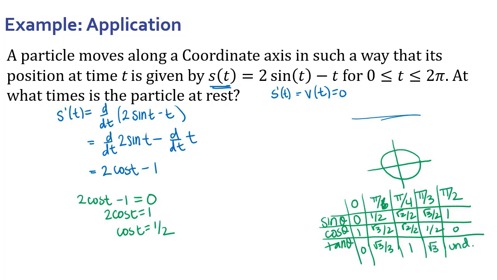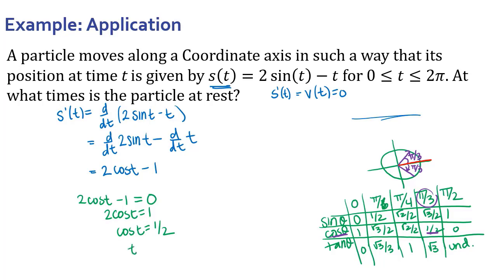So what reference angle has a cosine of 1/2? That happens at pi over 3. So that reference angle is going to be here, and then cosine is also positive in this quadrant. Because cosine deals with the x values, it's positive in both quadrant 1 and quadrant 4.